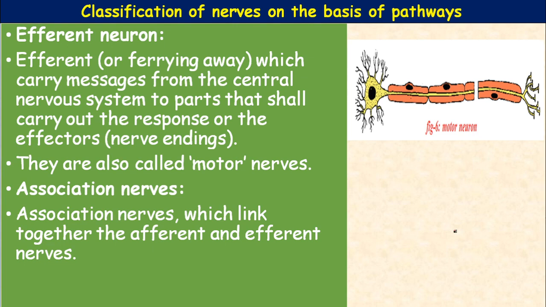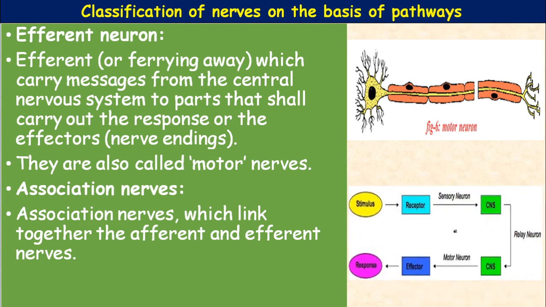Associated nerves connect these two, the afferent and efferent nerve fibers. They are called associated nerves. These connector neurons interconnect the sensory and motor neurons and are located in the brain and the spinal cord.